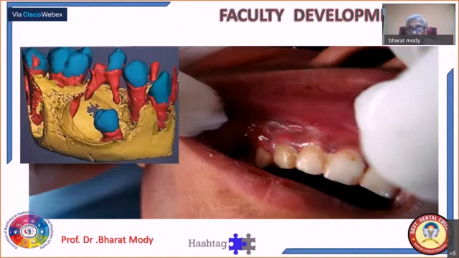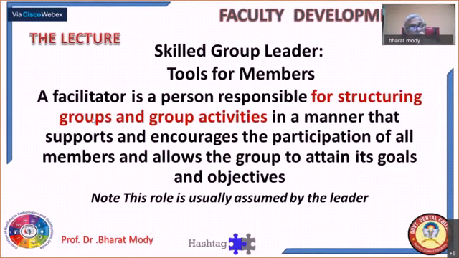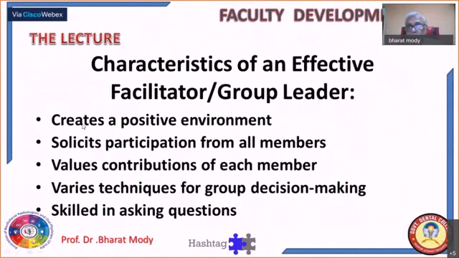That is also possible. Then comes your group dynamics. Normally in a group you have to select a group leader and the rapporteur, but in a classroom it is always the teacher who becomes the group leader. And then activities are done, people are encouraged to speak and discussions take place.